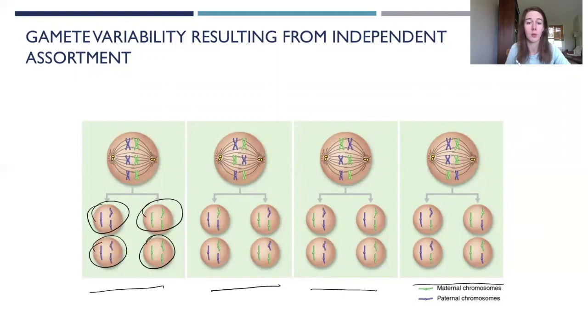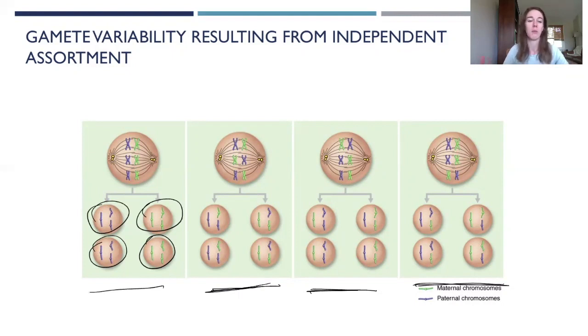So maybe all mom's chromosomes stay together and all of dad's chromosomes stay together, but that's definitely not always going to happen because they can be in any of these other combinations with just as great a chance or probability. So independent assortment means that chromosomes from your mom and chromosomes from your dad are going to be put into new egg and sperm cells independently of one another.